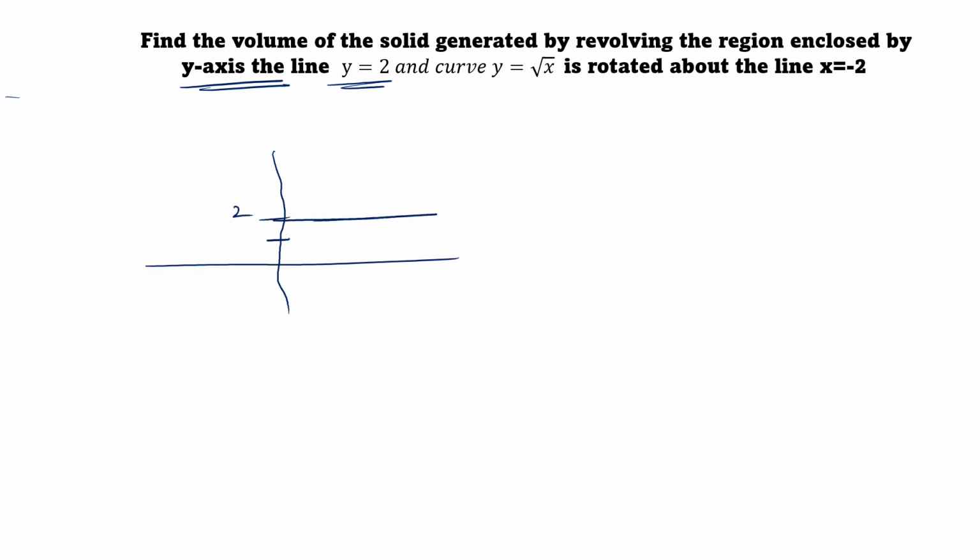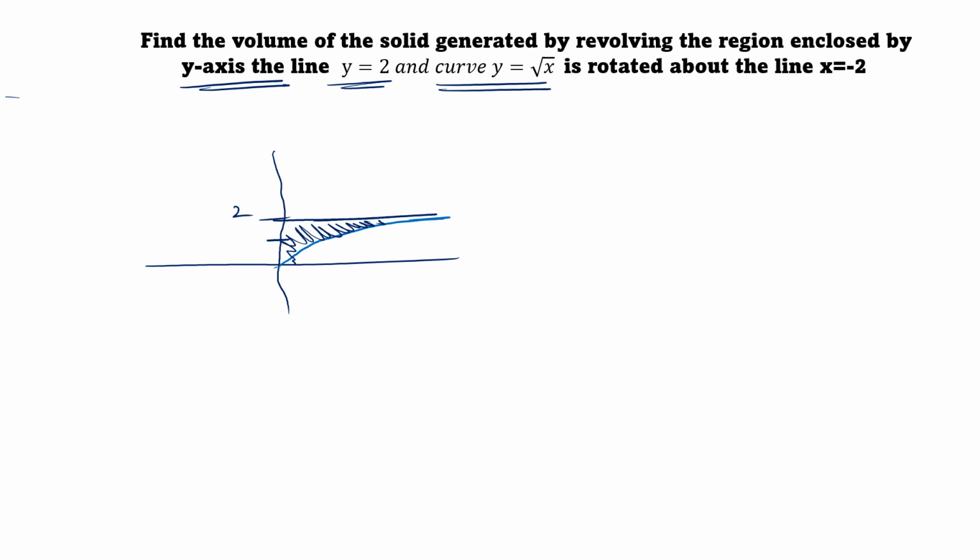Now the curve y equals root x, we already know that it is certain kind of like this, right? Which region we want to find out, not the below one. The shaded part would be this part.